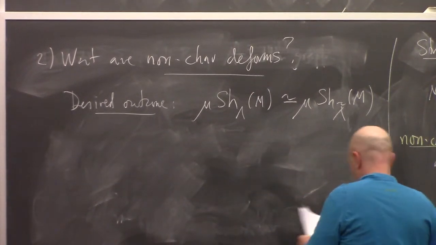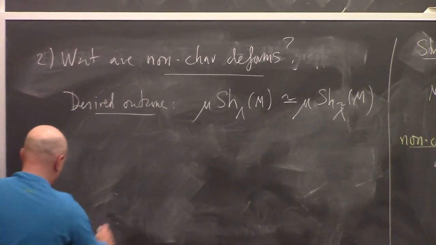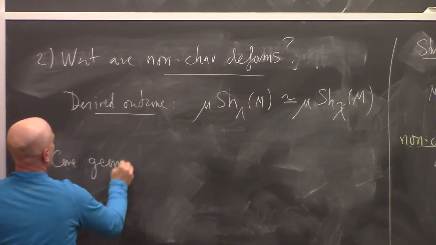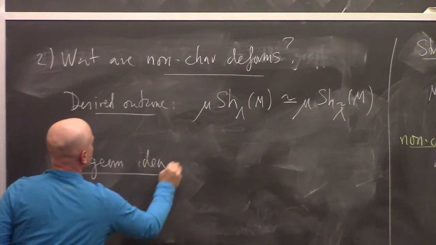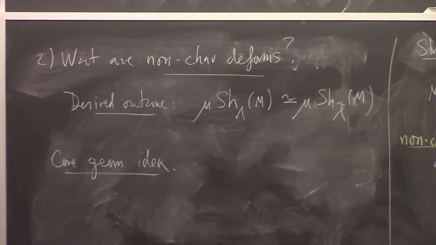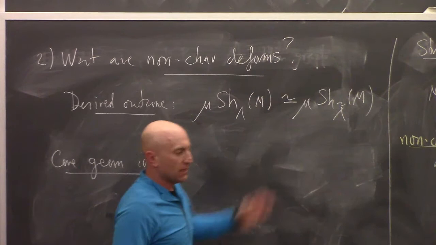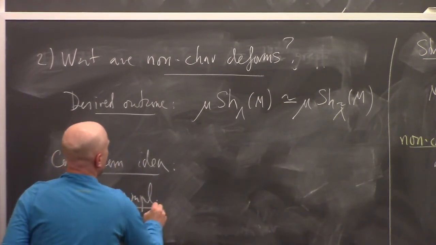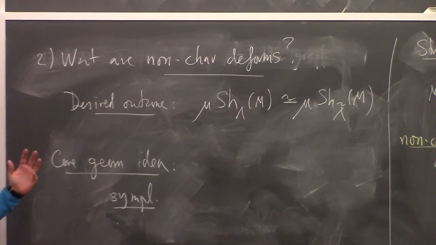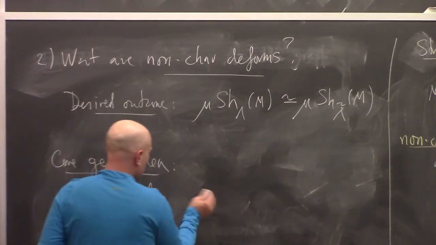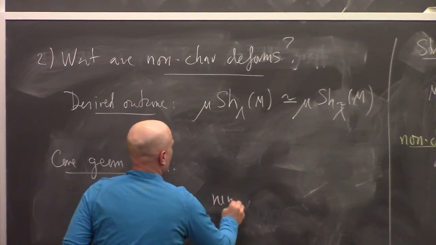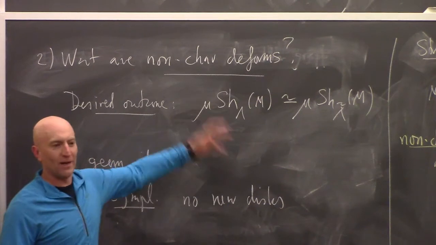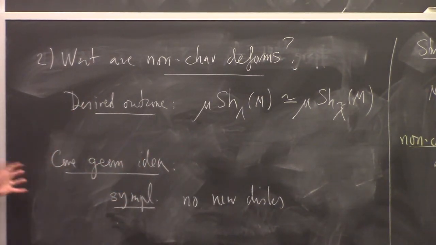Okay. And now let me just state one other theorem. So let me give you a core geometric idea. I don't know, I'm trying to do too many things at once. Core geometric idea. So those who have thought about something like this will know that what you want to do, say in the symplectic setting, is you definitely do not want to introduce new disks. Of course microlocal sheaves don't know anything about disks, so that's not what's used here.